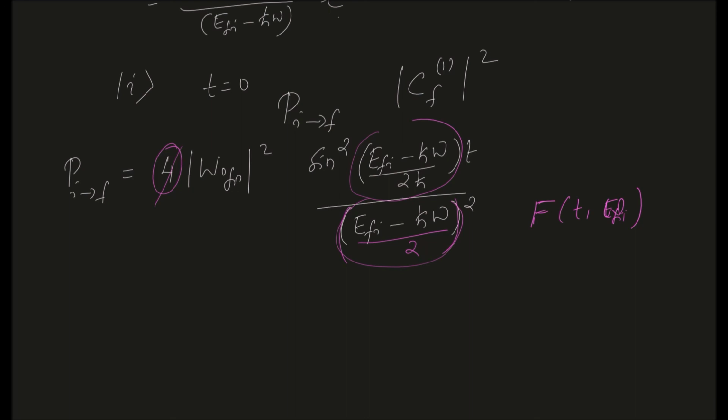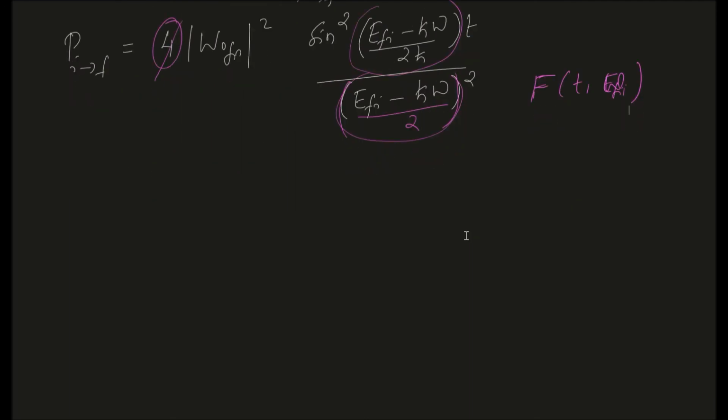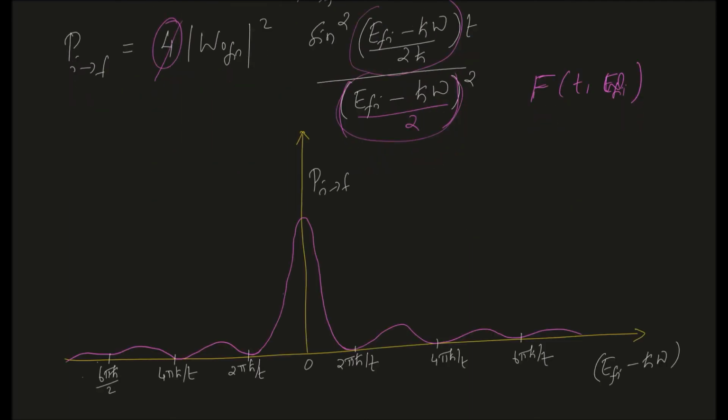If we plot the probability as a function of E_f - E_i - ħω, you will get a plot like this, quite similar to the plot we have seen in the case of constant perturbation theory. The difference is that we have plotted the probability along the y-axis and E_f - E_i - ħω along the x-axis. So you can see that the transition probability actually oscillates sinusoidally as a function of time.